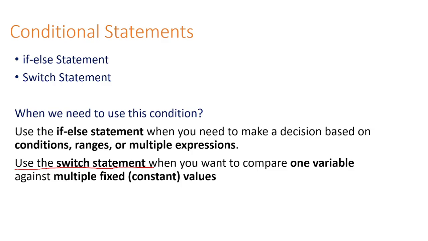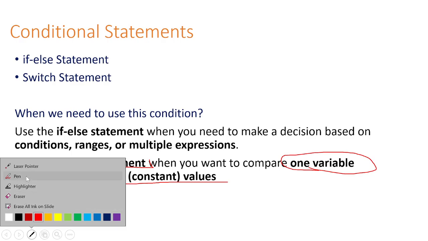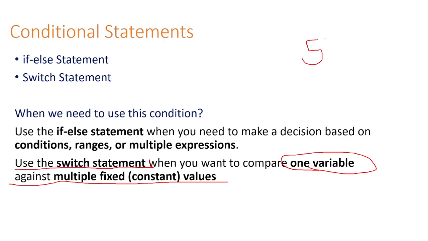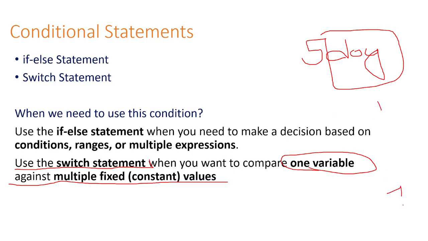Use the switch statement when you want to compare one variable against multiple fixed values. One variable means I defined here the fifth day. The day is the variable here, the day is the variable against multiple fixed constant values, multiple fixed values from 1 to 7.